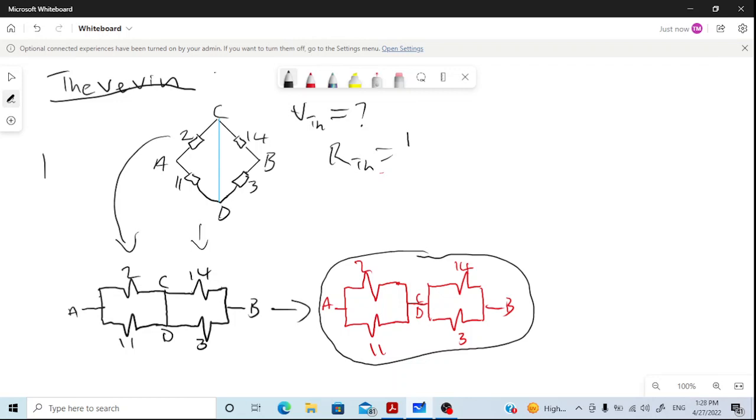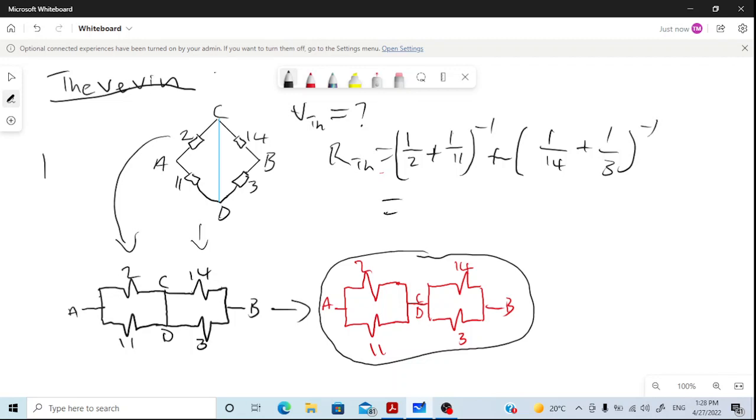1 over 2 plus 1 over 11. You reciprocate them, then you add, since they're in series, you add this parallel connection. It's 1 over 14 plus 1 over 3.